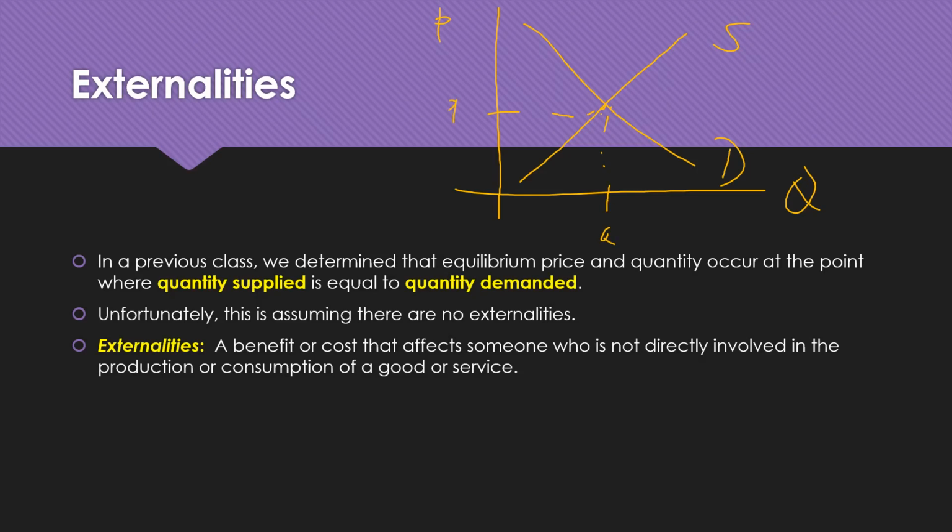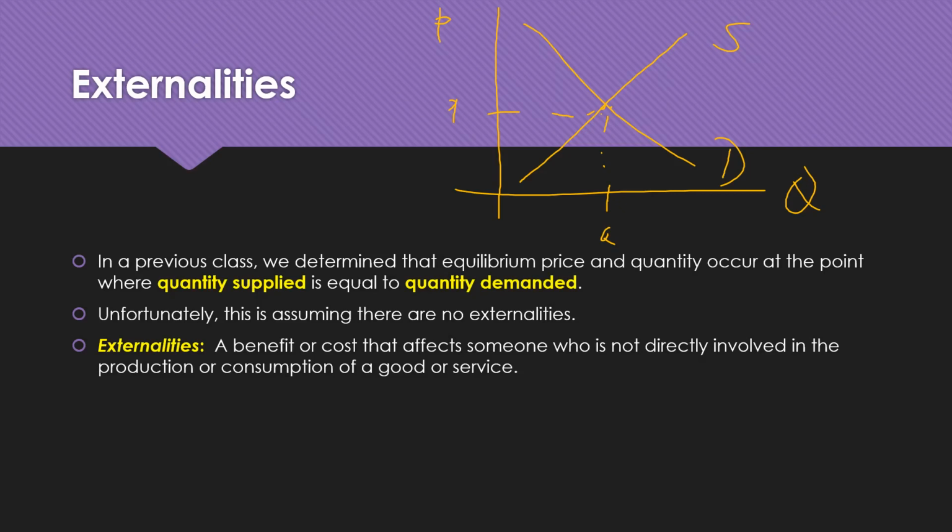And we assume that's the most efficient solution in the market, and that's where the market clears and everything is great. The problem is that this operates under the assumption that there are no external benefits or external costs, meaning that there are benefits that the consumer does not receive but society receives, or external costs that society has to bear that the firm or whoever is producing or consuming it is not taking into consideration.